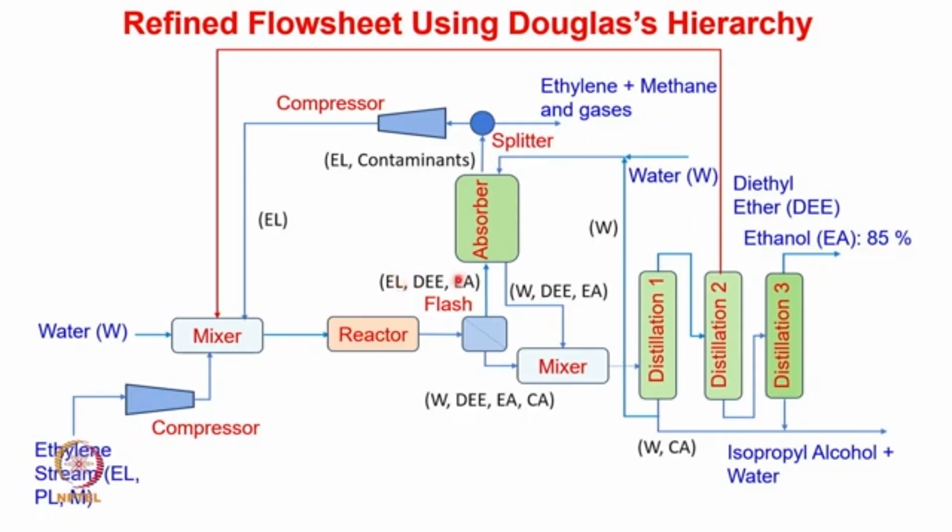So propylene and methane will be there in the gas. In the absorber, diethyl ether and ethyl alcohol will be scrubbed by using the water, which will be again mixed here, and the gas coming out from the absorber will be comprised of ethylene, propylene and methane. So this ethylene, propylene and methane then will be recycled back to the reactor.